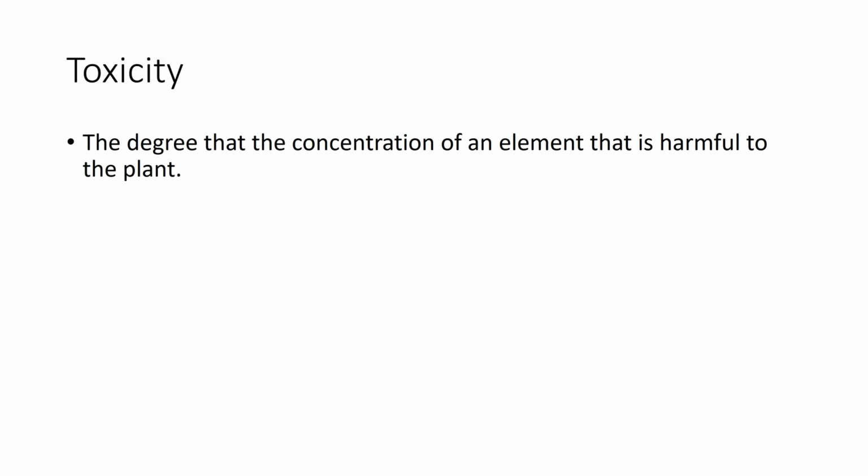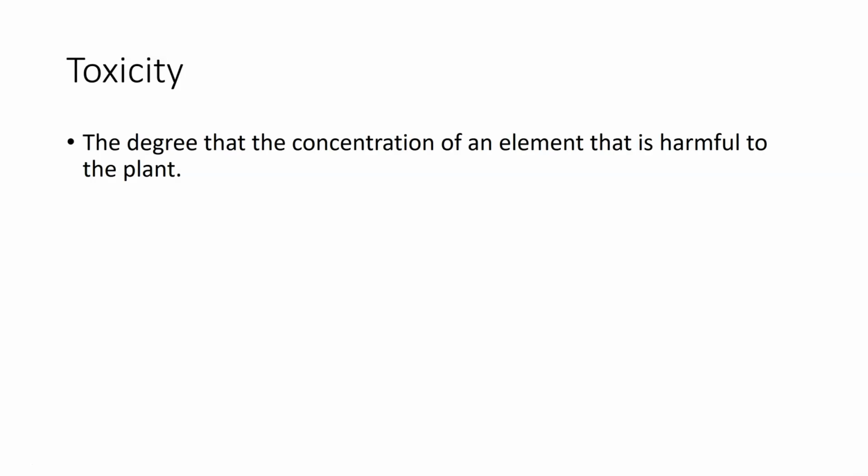Same way we have luxury consumption, we have toxicity. This is the degree that the concentration of an element is harmful to the plant. We go out there and pick up all this material and get too much of it, and all of a sudden the plant gets sick because it's got too much of it and it's dying off. This does occur with plants. You can have too much nitrogen in a plant, which makes it very susceptible to disease. You could have too much copper in the plant, which could be toxic and could kill the plant.